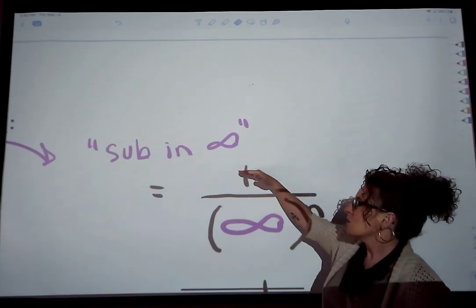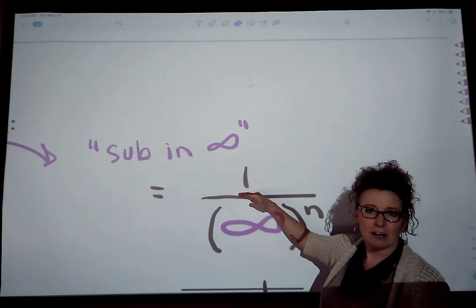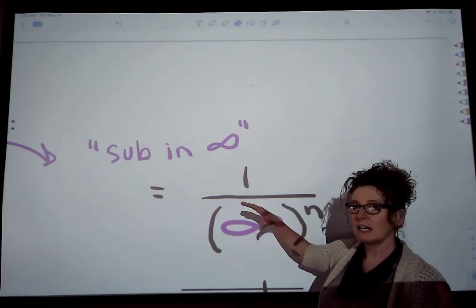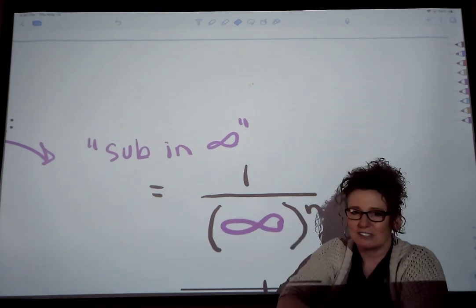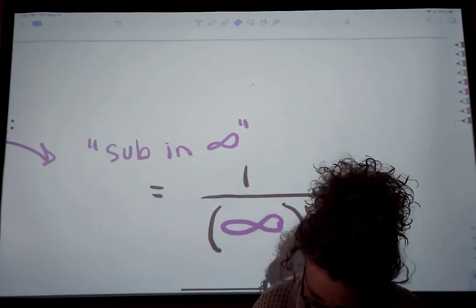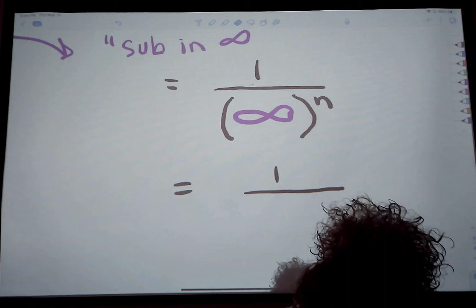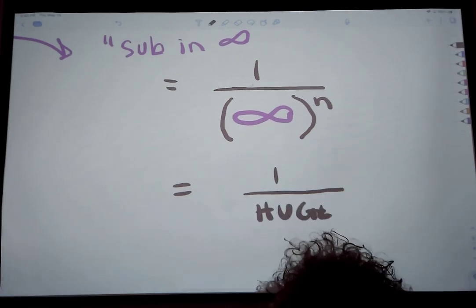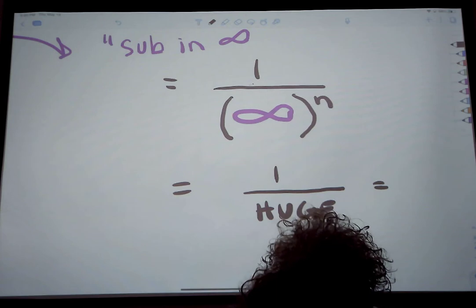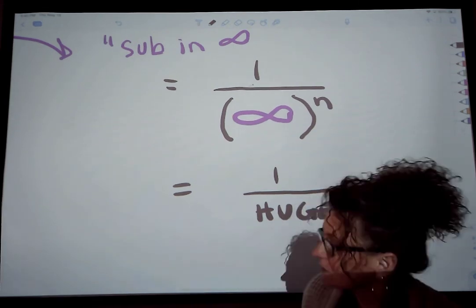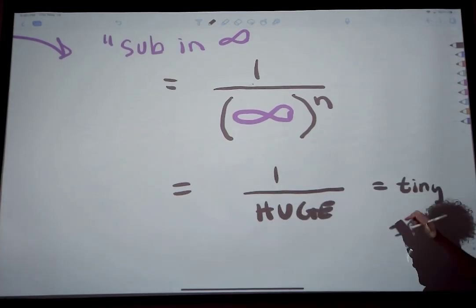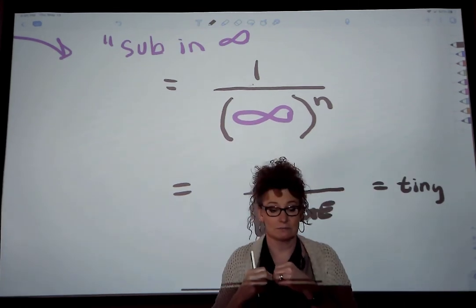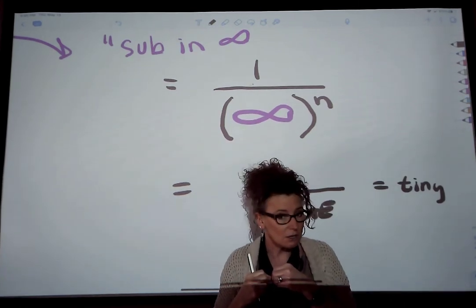So, if you don't believe me, try 1 divided by 5 million on your calculator. You're going to get some super tiny number, right? So 1 divided by some huge number results in a tiny answer. How tiny? Well, close to 0. It's so tiny.